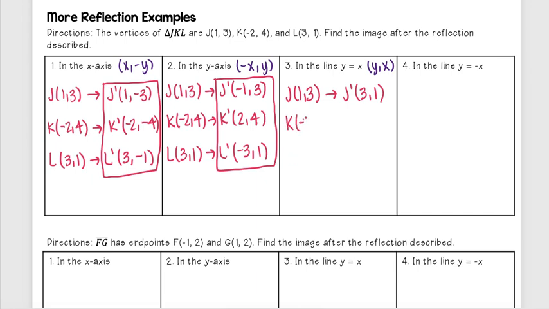And then K is at negative 2, 4. So then K prime, my 4 is now going to be first, my negative 2 is going to be second. And then L, 3, 1. For L prime, now my 1 is first, and my 3 is second.